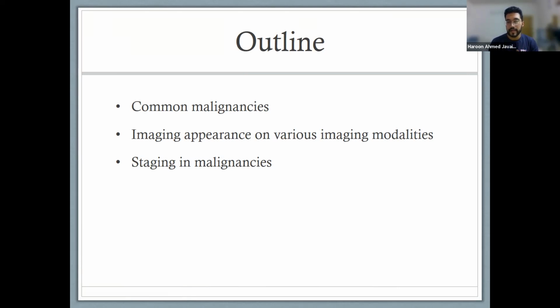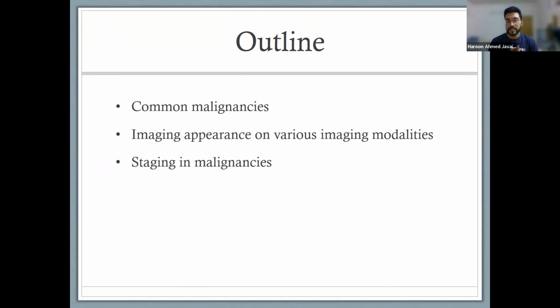And once we have a biopsy, we understand what type of cancer this is, and we have a definitive diagnosis. We know exactly what's wrong. And then we go for treatment, right? So in treatment, we have various ways of treatment. So the most common is either surgery or radiotherapy or chemotherapy, right?